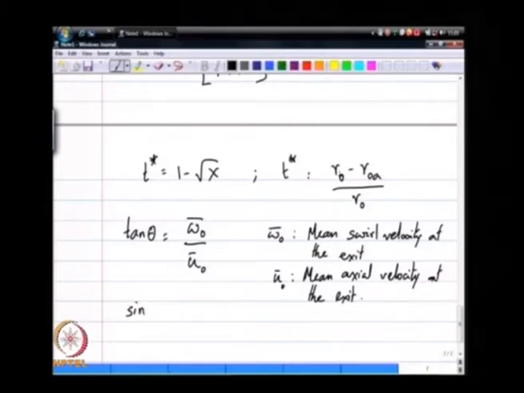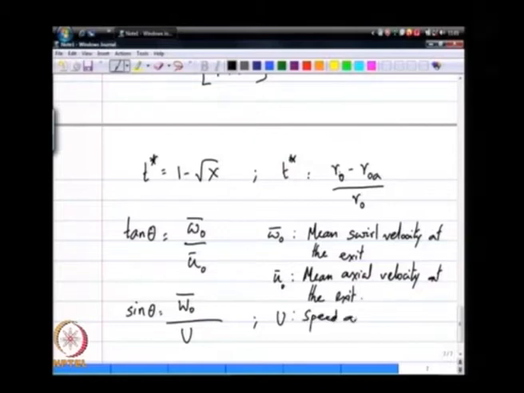We can also rewrite this, where u is the speed at exit given by root of W 0 bar squared plus U 0 bar squared.